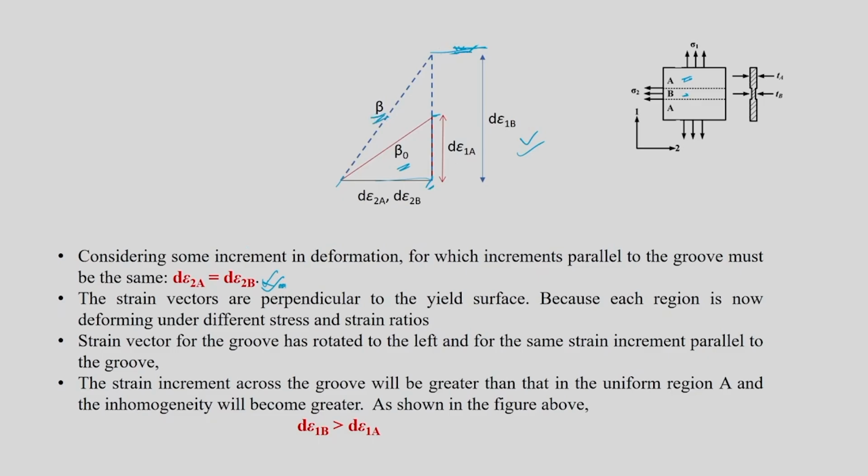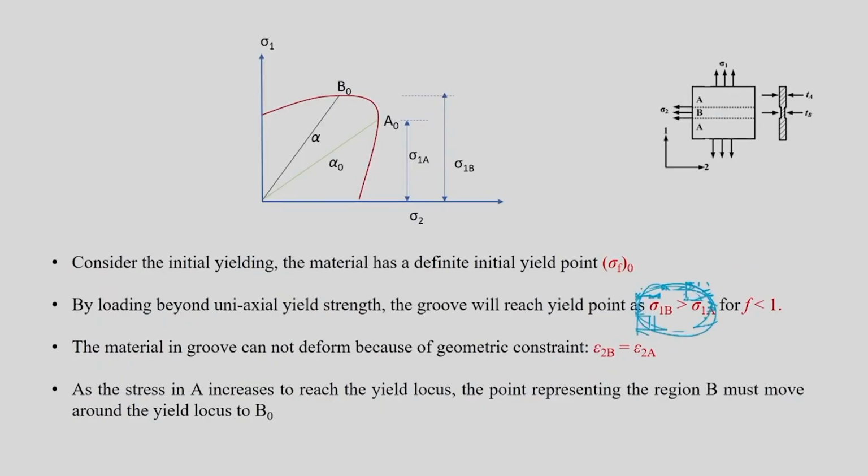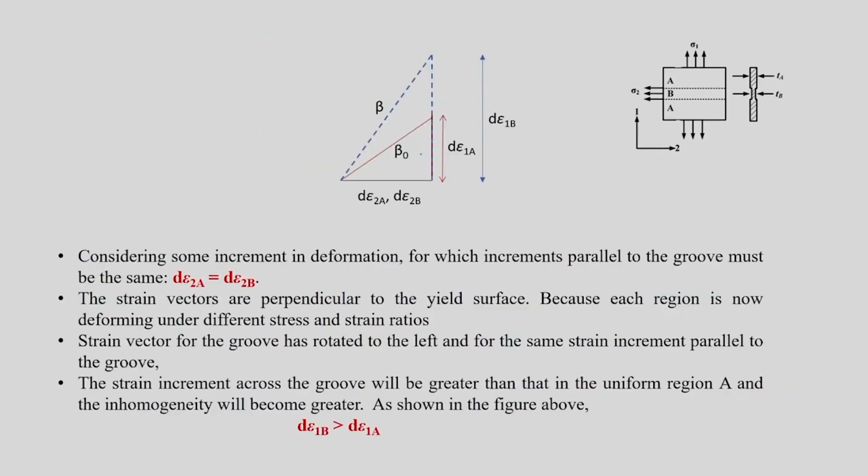You can see that epsilon 1b is greater than epsilon 1a, quite naturally. Why? Because sigma 1b is greater than sigma 1a as per the previous discussion, and because of that, d epsilon 1b will be greater than d epsilon 1a. All four strain increments can be represented in this particular diagram.